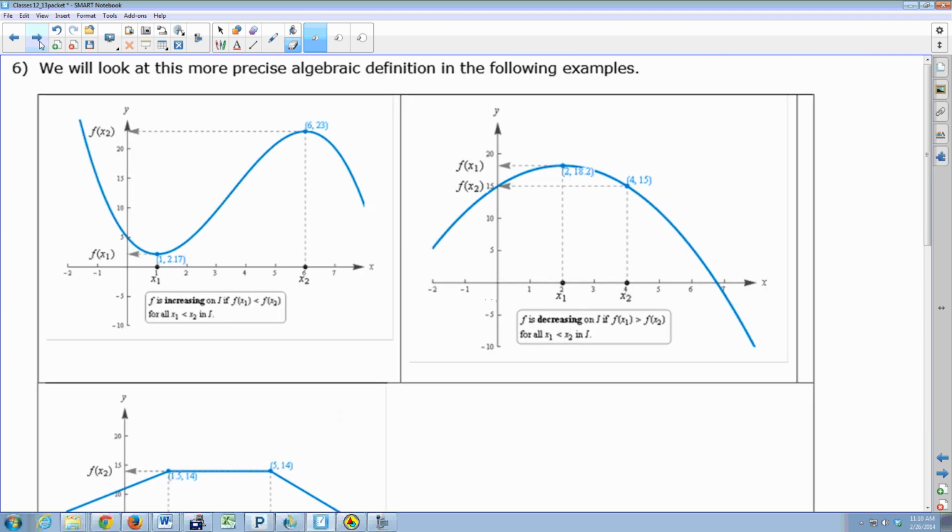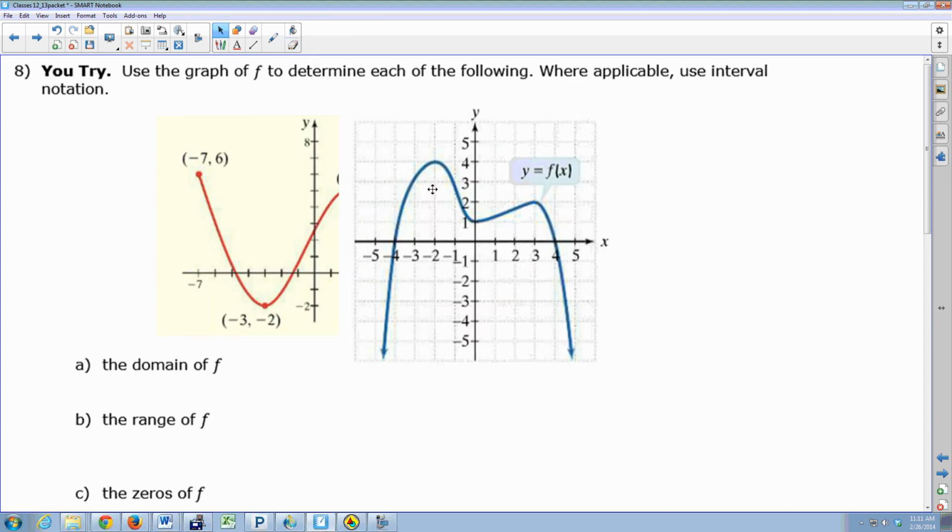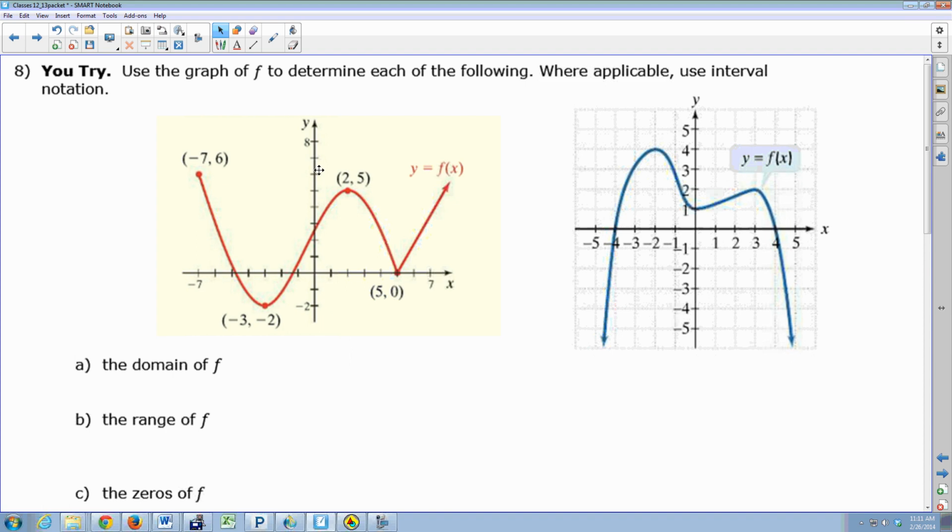Okay, so this gives you a formal definition of when functions are increasing and decreasing. This is in your book, so take a look at that or review it in your notes. But what I'd like you to do right now is ignore the picture in your notes. I'm just going to move it over for a minute because I've got another picture. This is from the very first problem in your notes.